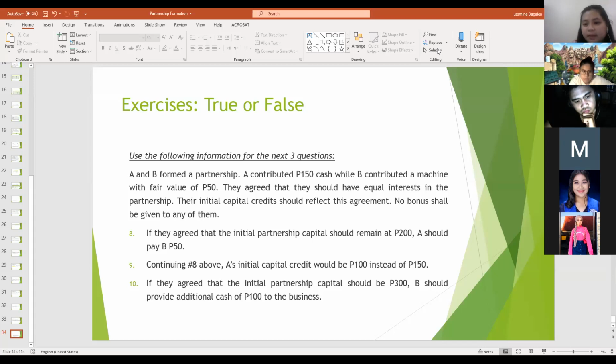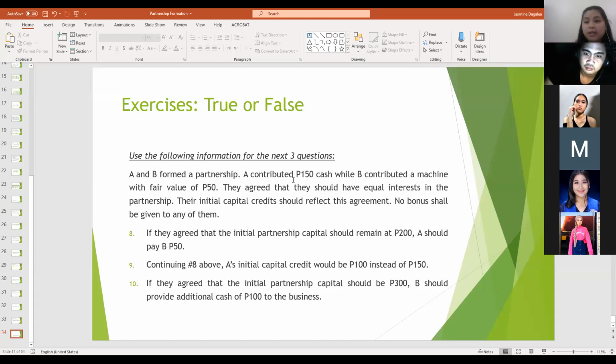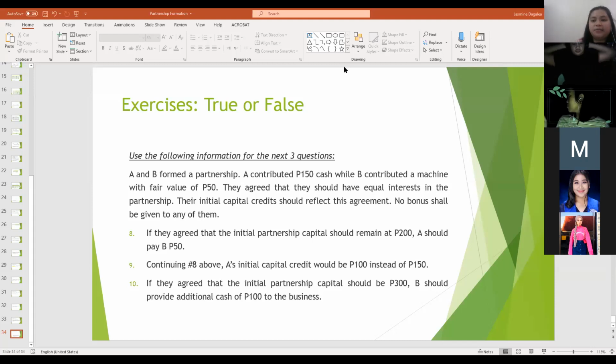True. Di ba sinabi na natin na equal interest? So, 100 instead of 150, kasi babayaran na siya ni B ng 50 para maging 100 lang yung credit sa capital account niya.